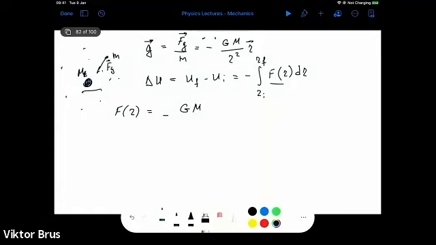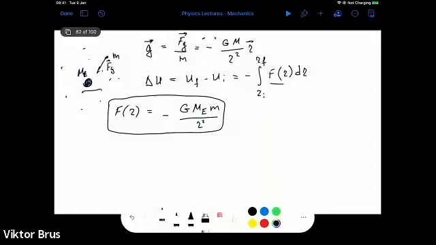Then it will be more clear how we will do these calculations. So we have capital G times mass of the Earth, then times mass of some object which moves about the Earth, and then we have R squared. So this is the expression for the gravitational force as a function of R. And here this minus tells that this is an attraction force, so it will always be directed towards the Earth.